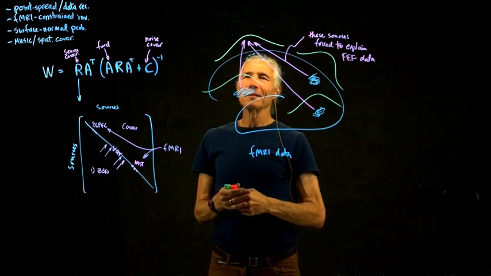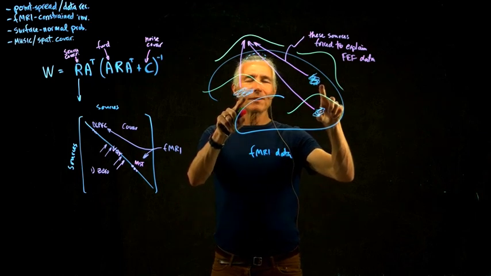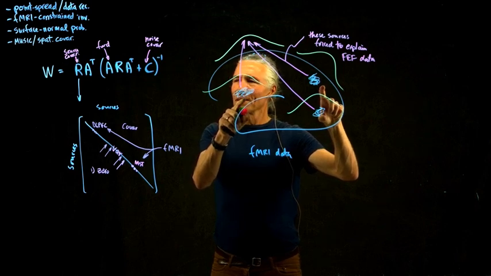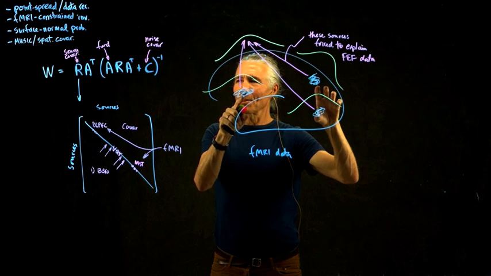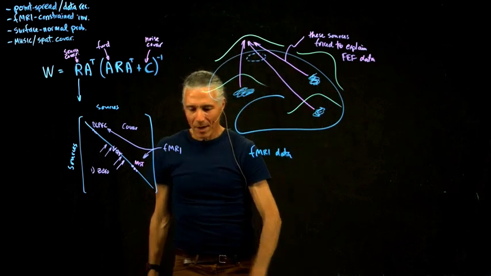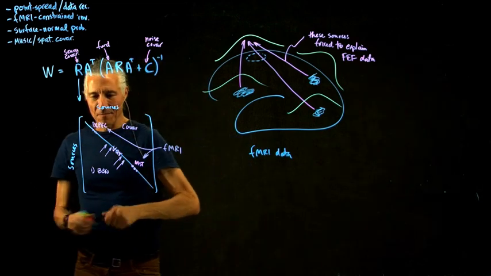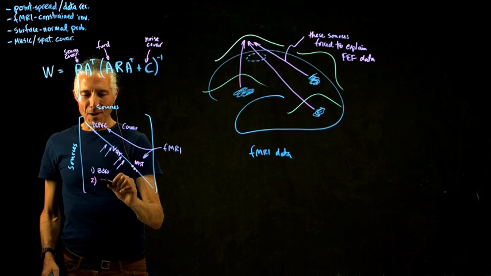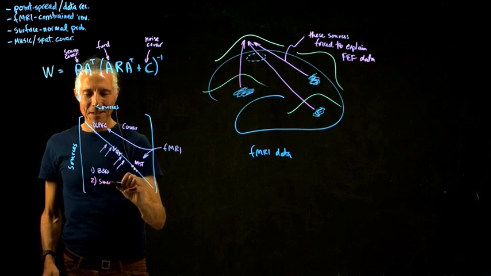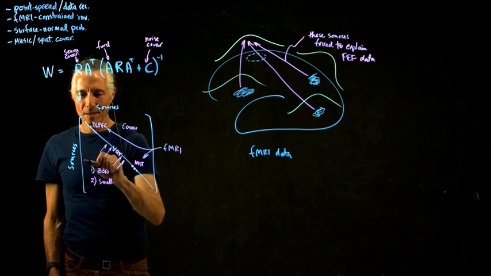That's not good. Essentially it will force these sources to go through somersaults trying to explain this data. And the way that you solve this problem is to make these small. These are the no-fMRI points.